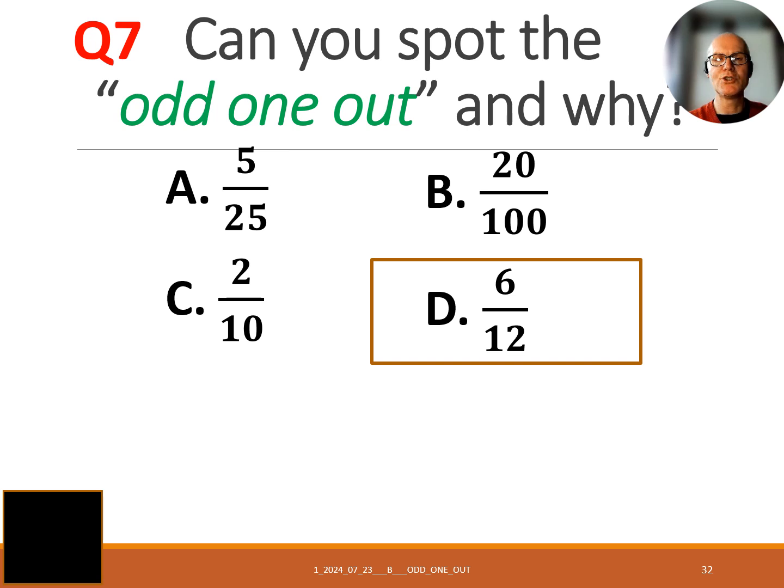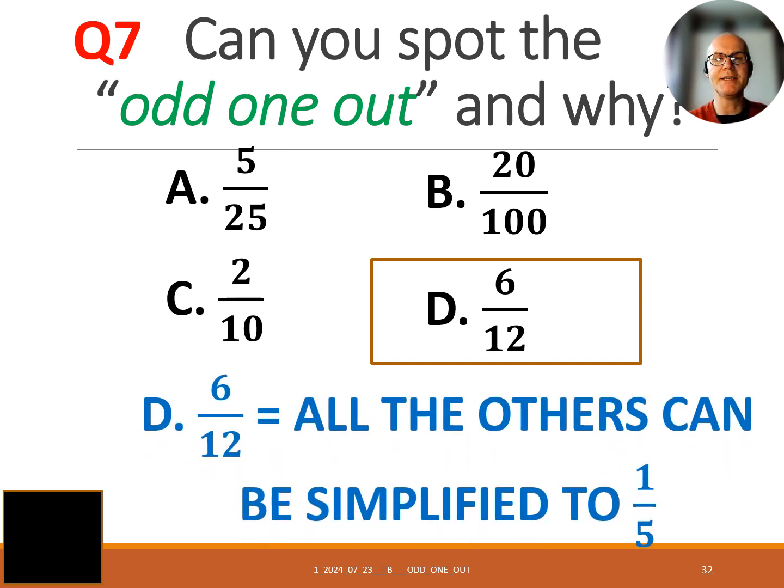It's 6 twelfths, because the other 3 can be simplified to 1/5, a fifth. 5 25ths, 20 100ths and 2 tenths can all be simplified to 1/5.